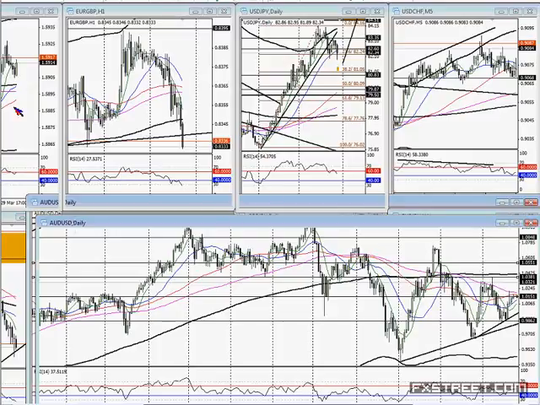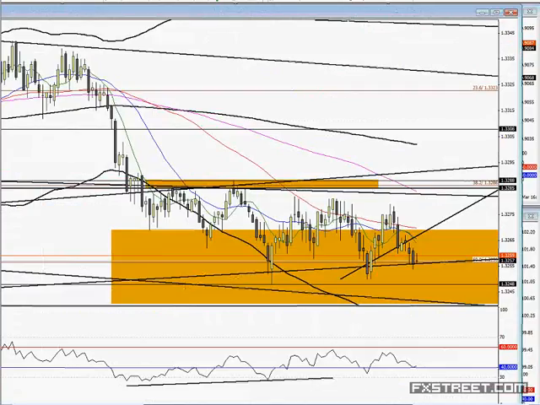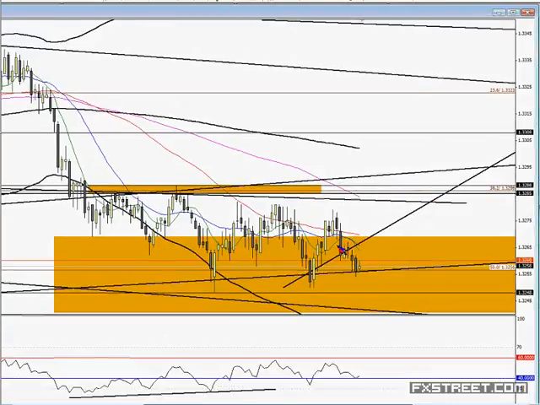But euro right now, I don't think euro is showing much promise at the moment. It continues to consolidate. Okay, so here is the 5-minute chart. One thing that would be a good sign is if the RSI here is held above 40.